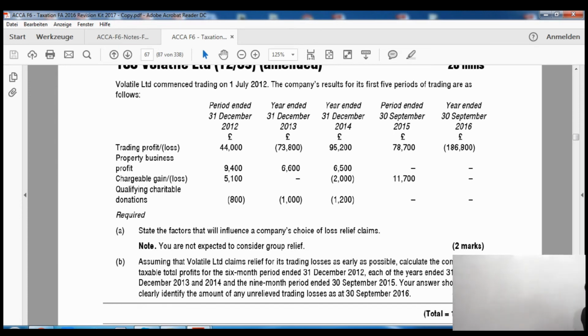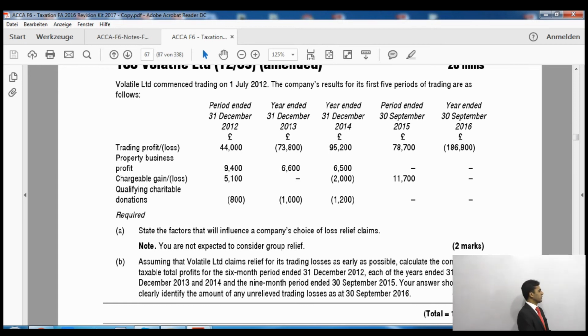So we can set off against total income of the previous years. First we will set off against the trading profit, then we have the option to set off against the chargeable gains, and after setting off against the previous period, which ended 30 September, whatever is left is still unrelieved, and we can carry it forward for the future years.